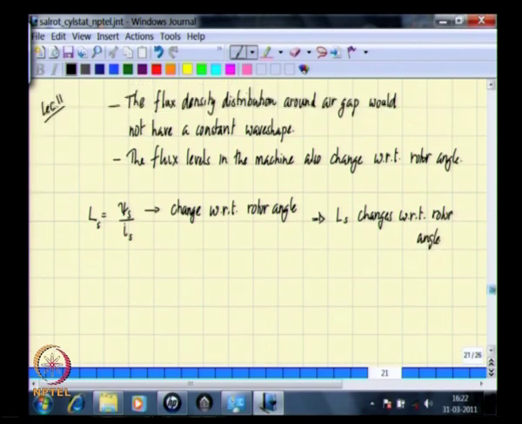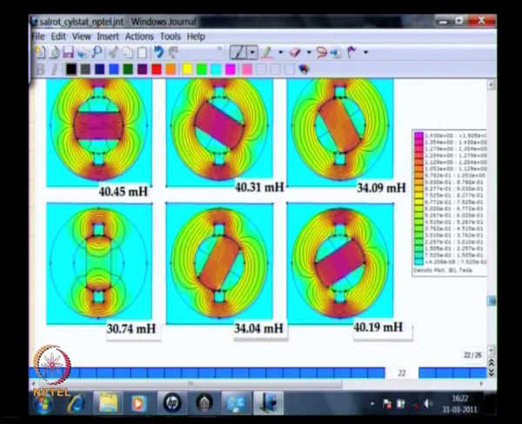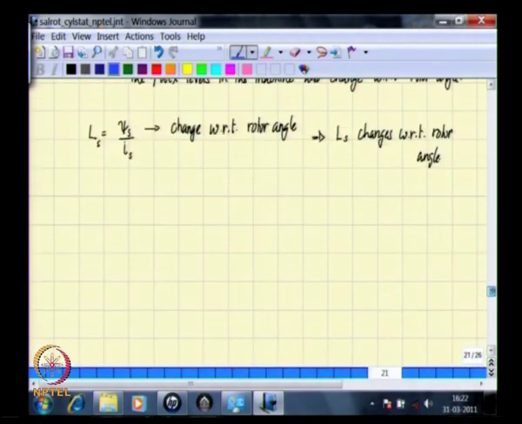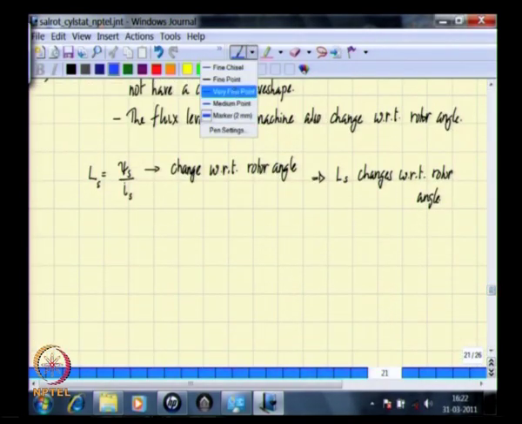Indeed, that is what is seen in this figure. The inductances are also marked. In this position we have a stator inductance at the level of 40.5 millihenry, it goes down to 40.31, then 34.09, at this position it is only 30 millihenry, and then it builds up again, right. So we have therefore inductance changing with respect to the rotor angle.